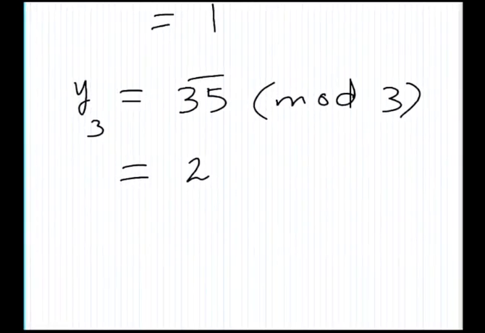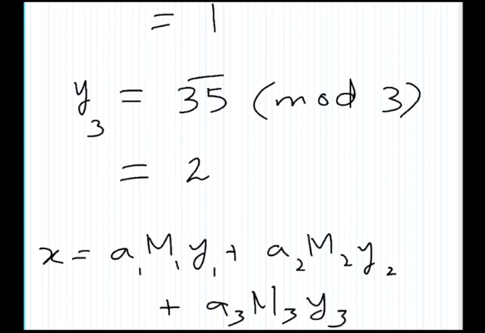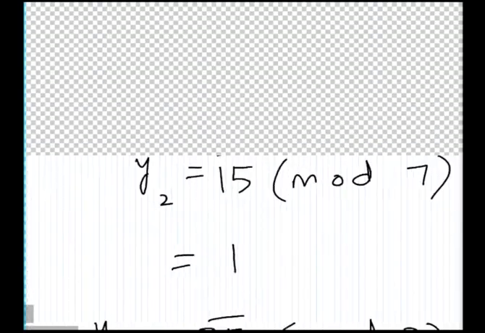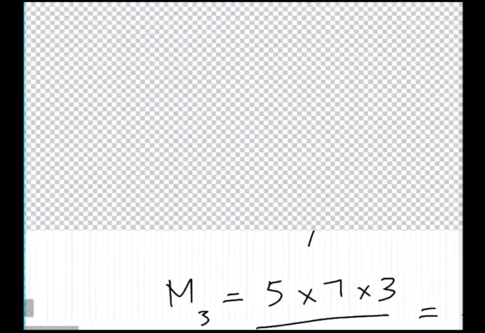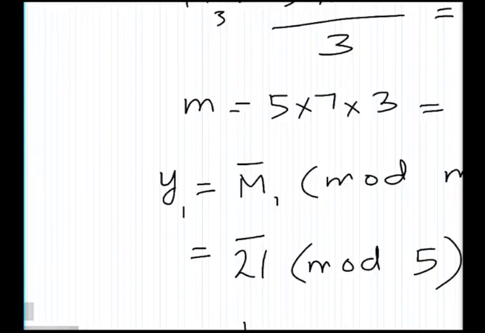So our answer is x is equal to, let's write all the terms here: a1 m1 y1 plus a2 m2 y2 plus a3 m3 y3. Let's write them down: a1, a2, a3 are 3, 4 and 2.